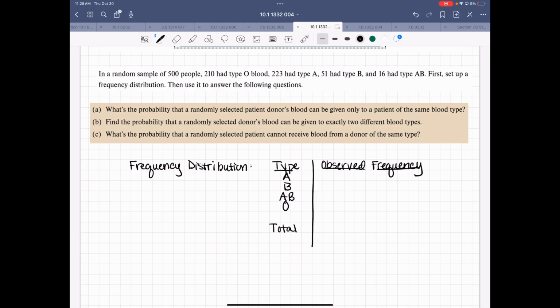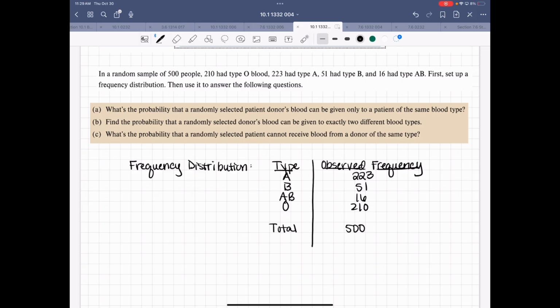How many people were in the random sample? 500, good. And it said 210 had type O, so 210 goes across from the O. 223 had type A. 51 had type B. And 16 had type AB. All right, there's your frequency distribution chart.